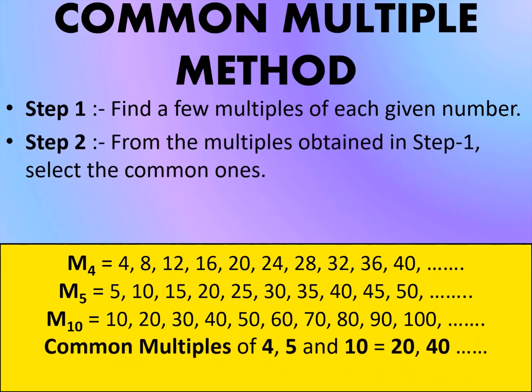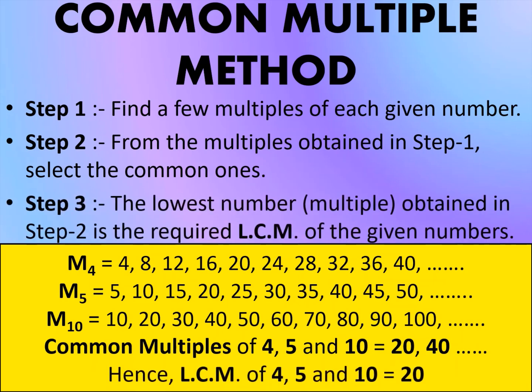From the multiples obtained in step 1, select the common ones. Step 3. The lowest number or lowest multiple obtained in step 2 is the required LCM of the given numbers.